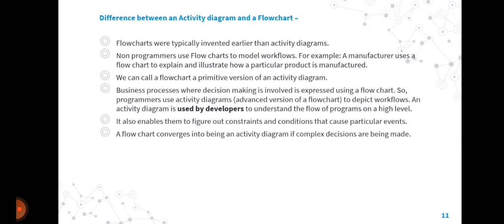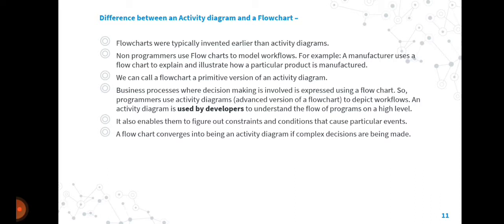Now we can see the difference between an activity diagram and a flowchart. Flowcharts were typically invented earlier than activity diagrams. Non-programmers use flowcharts to model workflow. For example, a manufacturer uses a flowchart to explain and illustrate how a particular product is manufactured. We can call a flowchart a primitive version of an activity diagram. Business processes where decision making is involved are expressed using a flowchart.